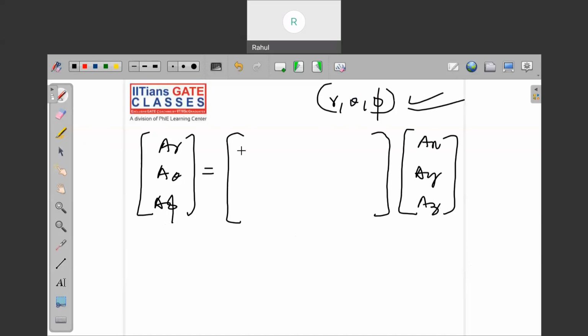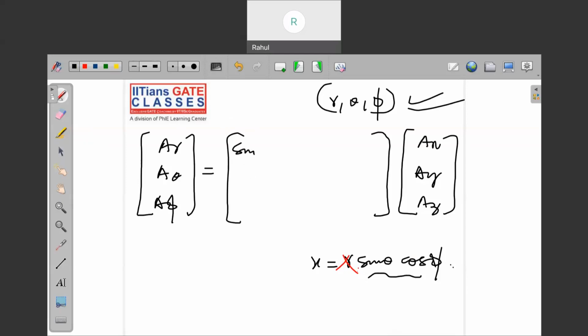How can you write here? As we know, x is equal to r sine theta cos phi. You can drop this r, just take the rest and write here: sine theta cos phi.